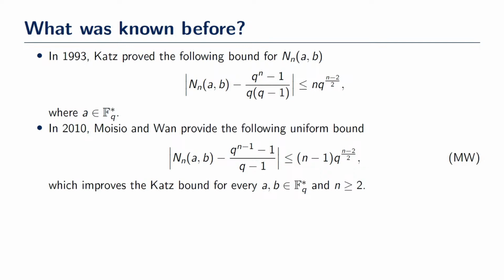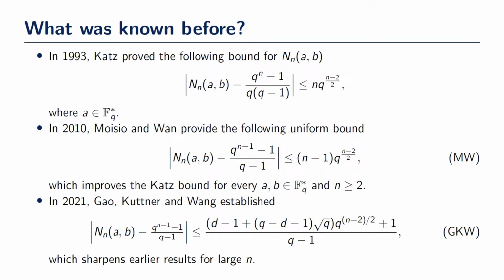And then by doing the cohomological calculations and using the Lefschetz trace formula, they provided this uniform improvement on Katz's bound. And more recently, Gao, Cooper, and Wang, by a recursive strategy, provided this bound for the number of elements with given normal trace, which, roughly speaking, improves Moisio's bound when n is bigger than the square root of q.